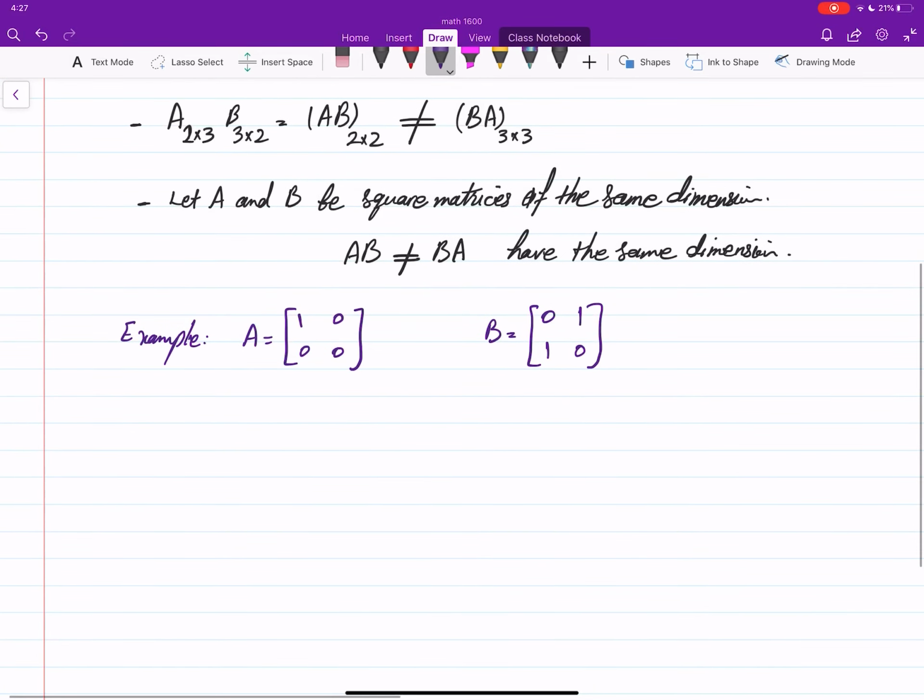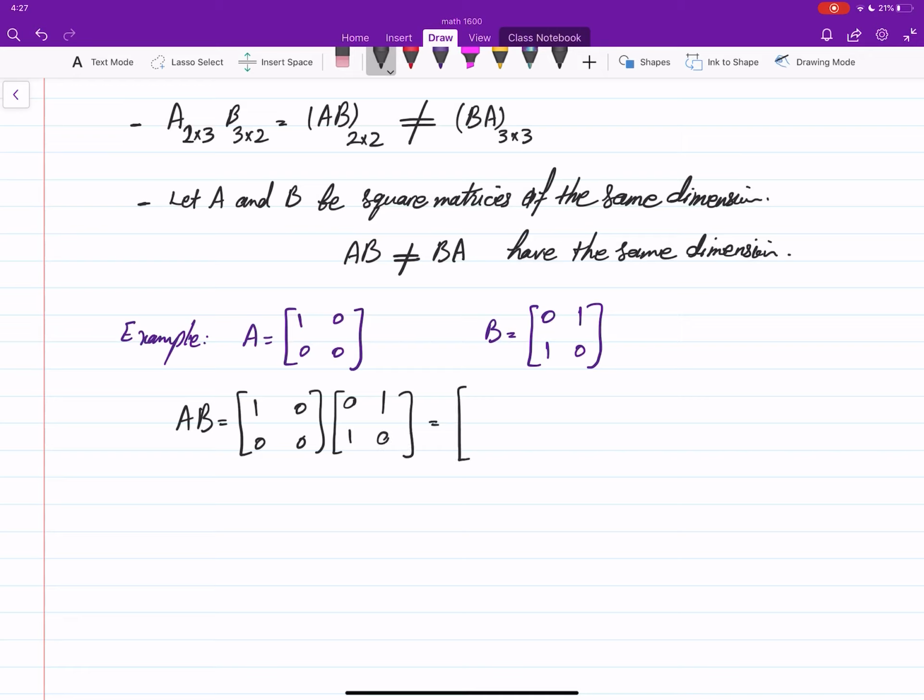And now you see, if I multiply A to B, this will give us 0, 1, 1, 0, and this gives us 0, then 1, then 0, and then 0. How about BA?